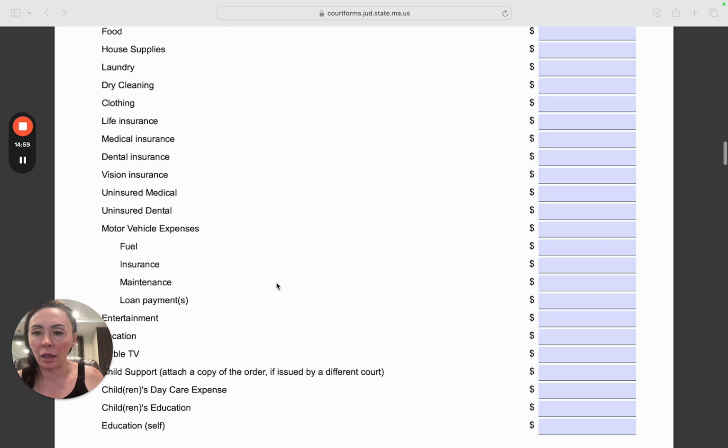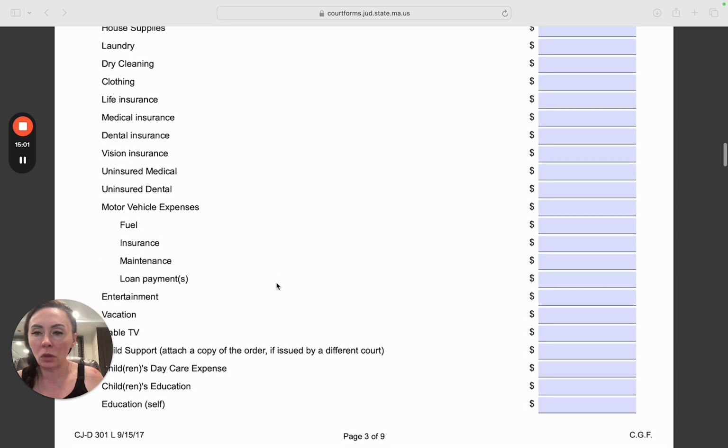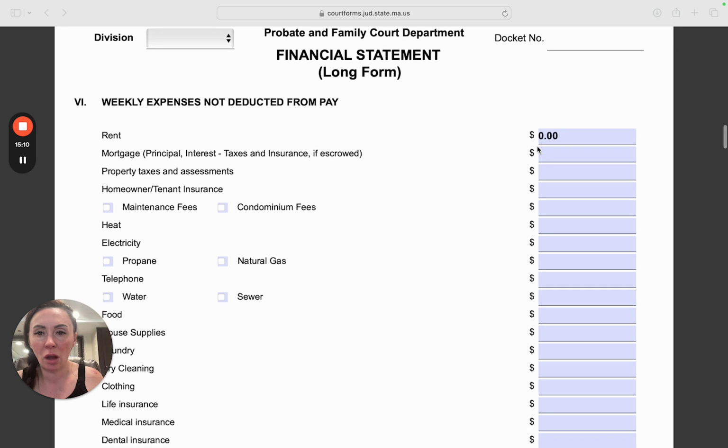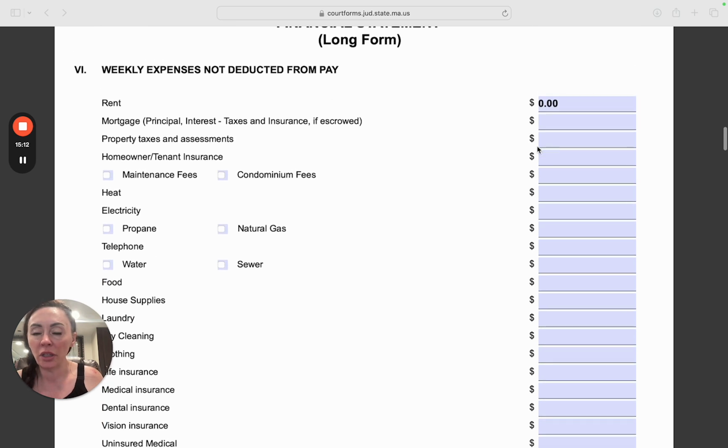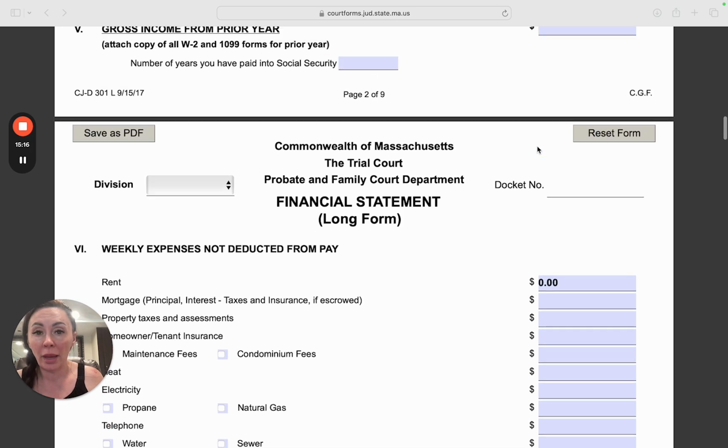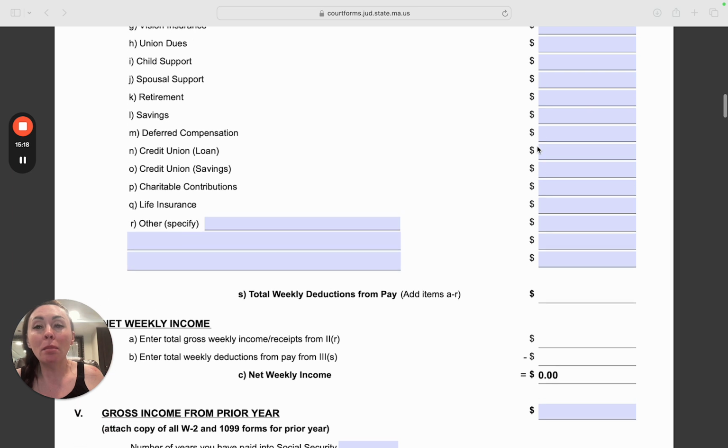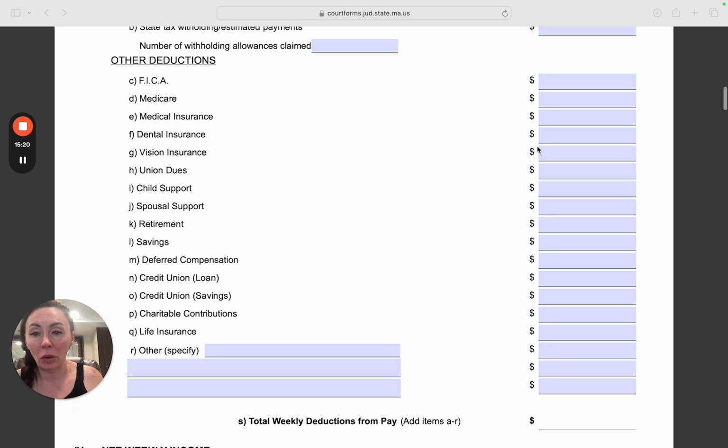Moving along, clothing, life insurance, medical insurance. Make sure that you're not double counting medical insurance. This is a common mistake. So this section under here is weekly expenses not deducted from pay. I would say most times people have the medical insurance deducted through their job.